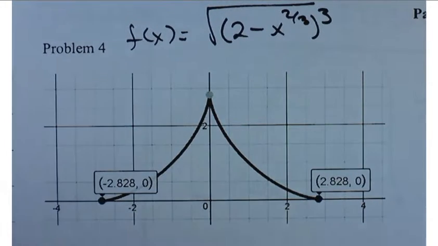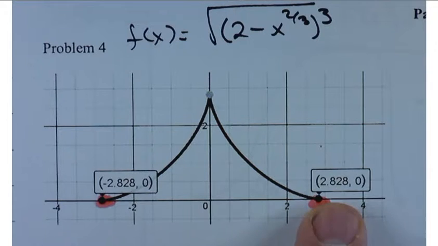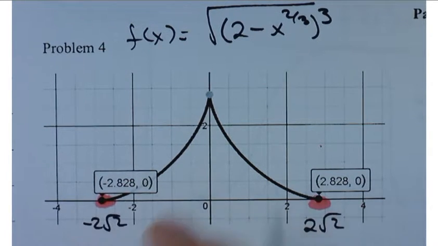Now, Desmos is not clever enough to figure out these values. Does anyone recognize, say, 2.828, etc.? What's that approximation of? Very good. So that's 2 root 2, and that's negative 2 root 2. That's the actual edges of the domain there.